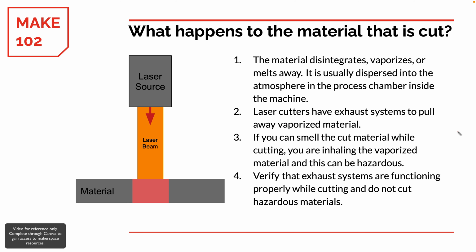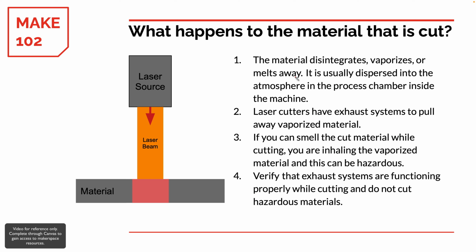So now that we know a particular kind of laser can only cut a particular set of materials, once the laser is cutting, what happens to that material? We already discussed that it disintegrates, vaporizes, or melts away. But if it vaporizes, where does it go? It goes into the atmosphere around the cut.